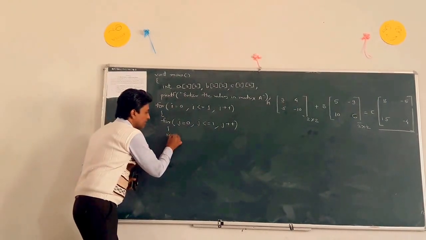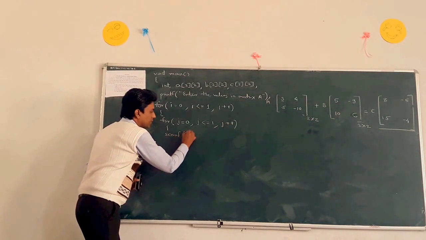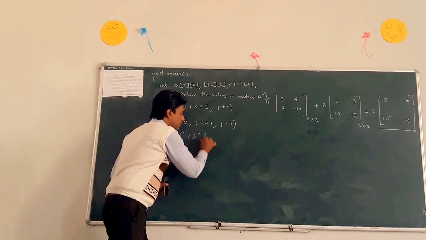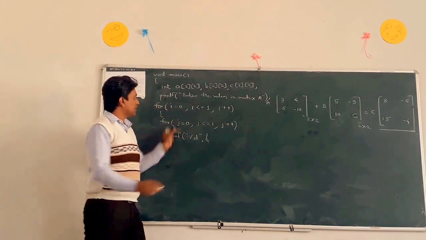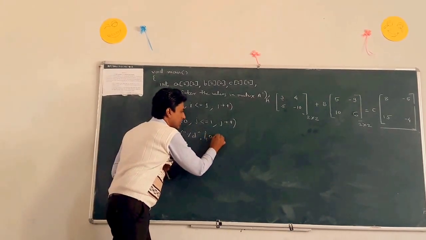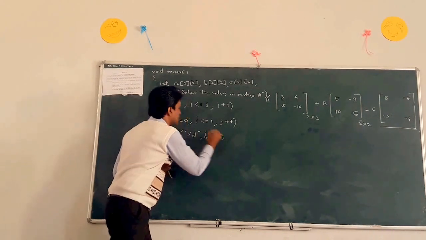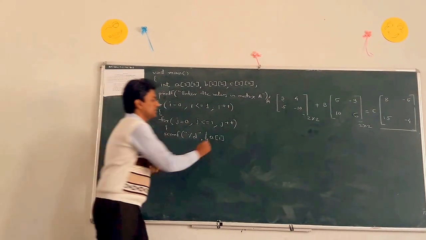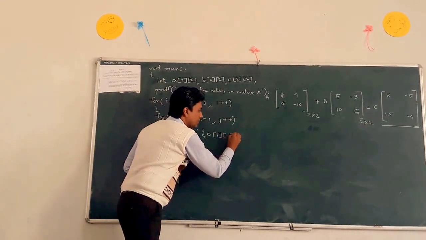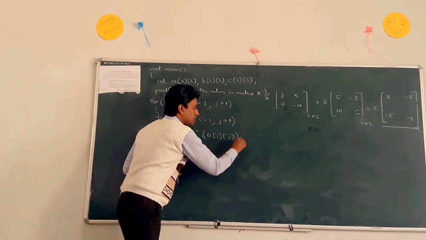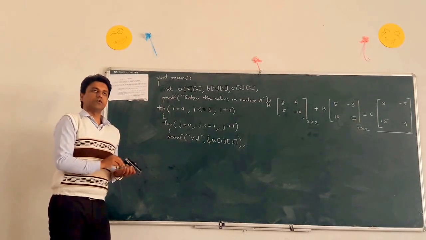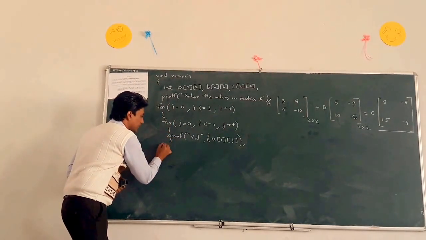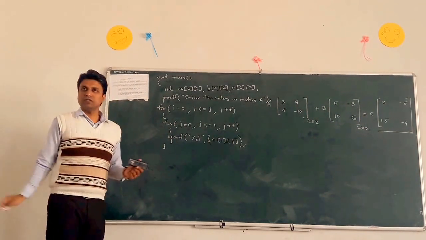So scanf percentage d, comma, store the value at the address of A of i j, because the i index gives you the number of rows and the j index gives you the number of columns. Okay, clear? Complete the first for loop, complete the outer for loop.